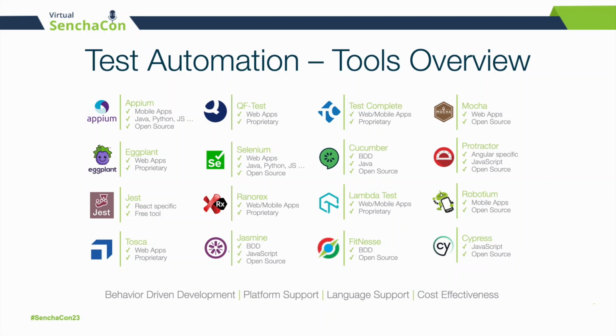And there are a few more tools which support different languages like Java, Python, C Sharp, JavaScript, and the code can be written in any language and it can be matched with our development code as well. I mean the language which we use for development.